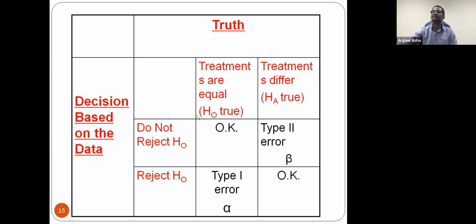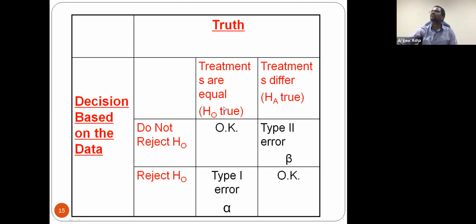If you are looking here, you can see we have the truth, then we have decisions, how we are deciding. That decision depends on your data. In order to decide, you should come up with the data. If your decision is true, and you reject it, that means you are in a type 2 error.